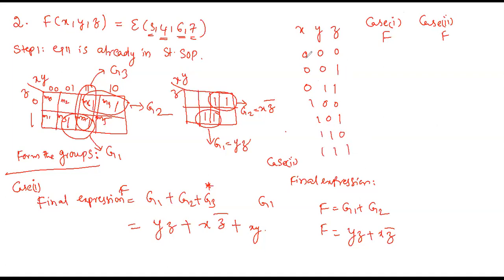Now, substitute the values. X is equal to 0, Y is equal to 0, Z is equal to 0. What you will get in the case 1, F, you will get 0. Similarly, in the next case, substitute X is equal to 0, Y is equal to 0, Z is equal to 1. Again you will get 0.